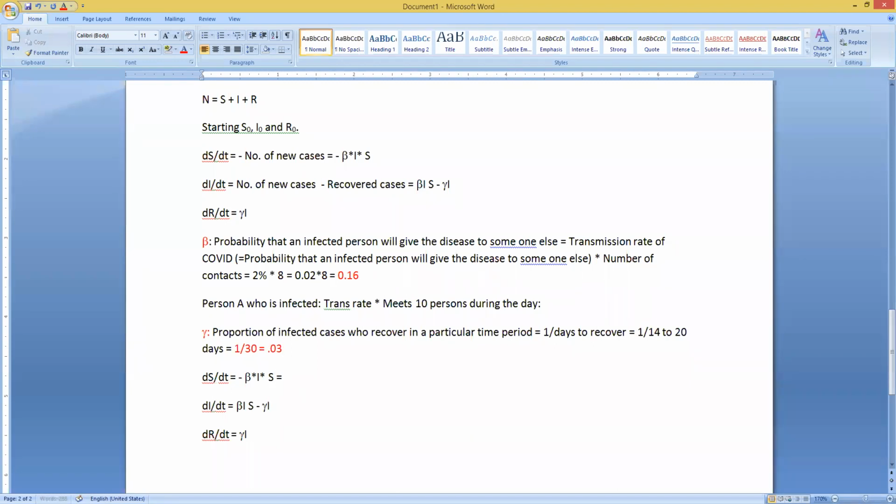So the equations are minus 0.16 I into S, this is the same thing, which will be minus gamma, 0.03 I.